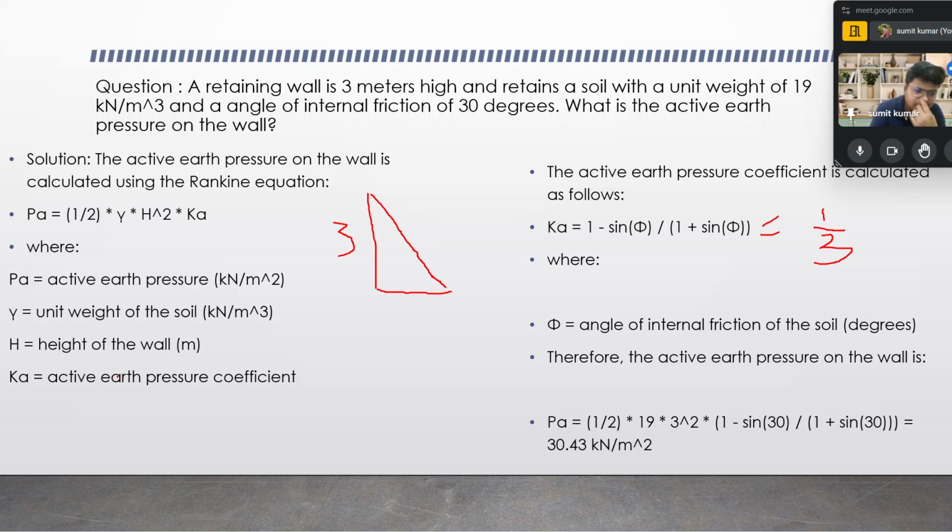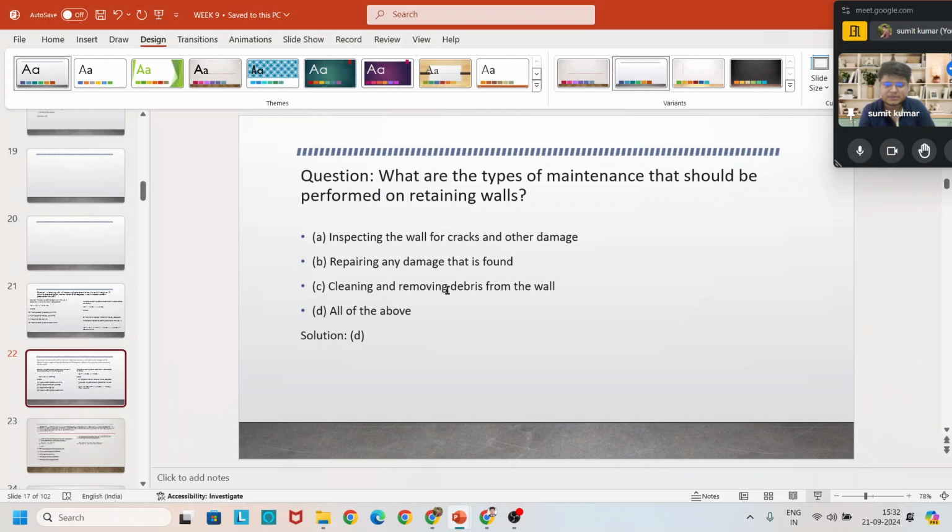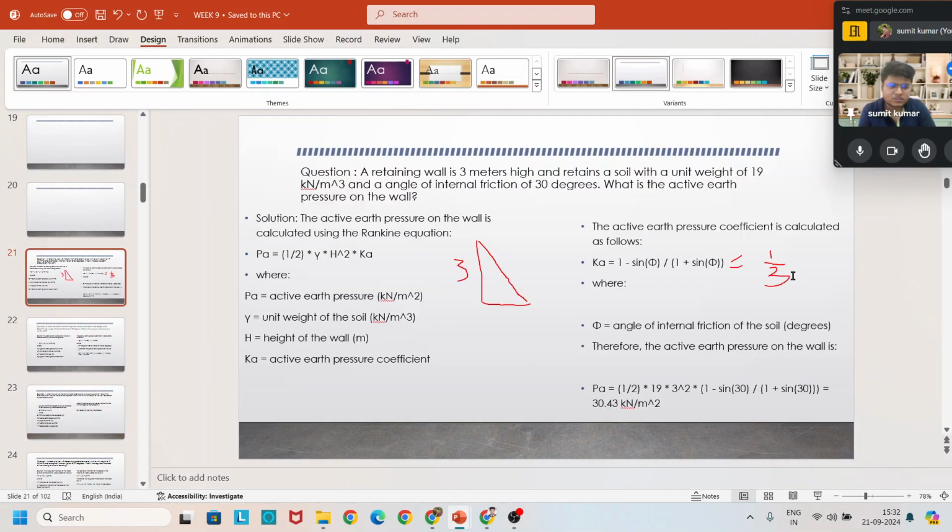K is 1 minus sine phi upon 1 plus sine phi. There is also an error over here. It is asking for the total active earth pressure, which is 1 by 2 into K into gamma into h squared. Give me a minute. This is asking what is the total.